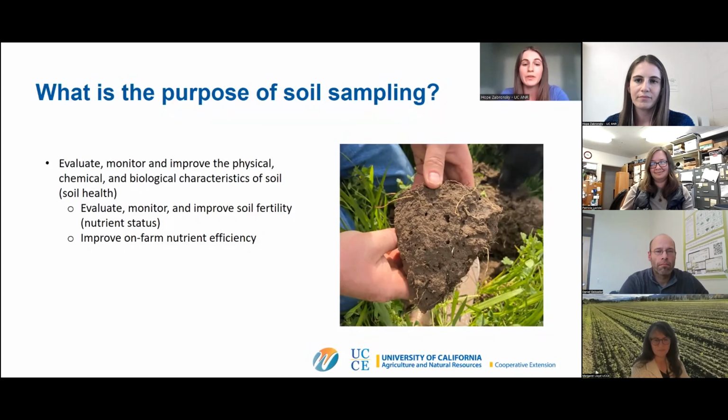So once you've evaluated soil fertility, you can also improve on-farm nutrient efficiency by understanding the specific nutrient requirements of your crops. So this soil sampling and interpretation session will largely focus on soil fertility.